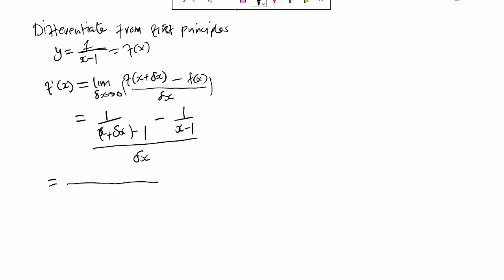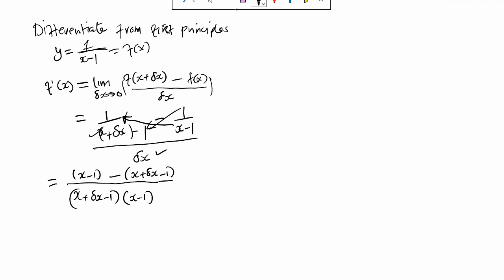To work out fractions, I shall multiply the values of the denominators, that is x plus change in x minus 1, and I multiply by x minus 1, and then at the numerator I shall cross multiply, so I shall have x minus 1 times 1, and then minus 1 times x plus change in x, and then minus 1.